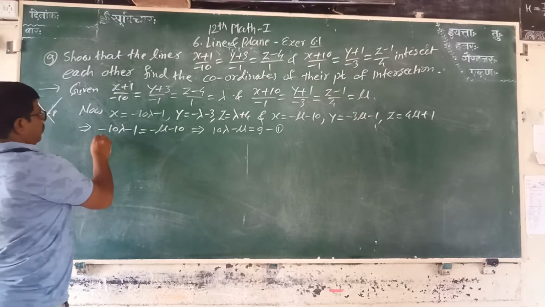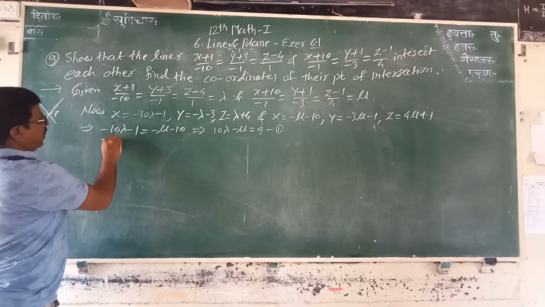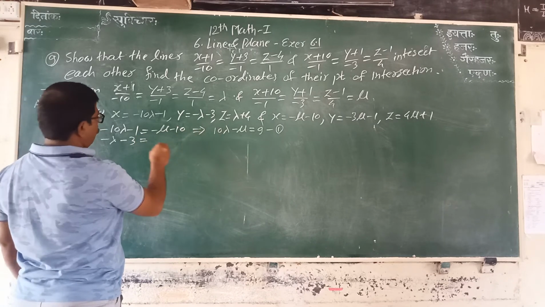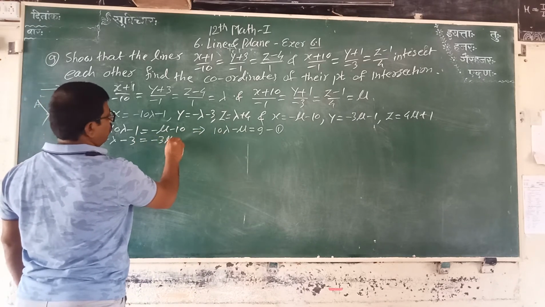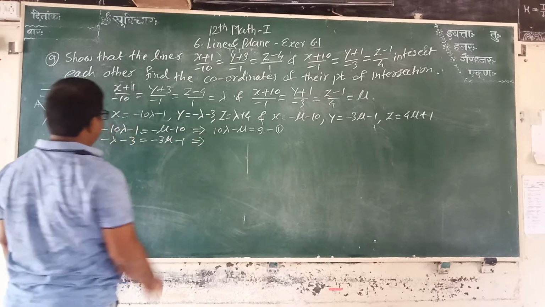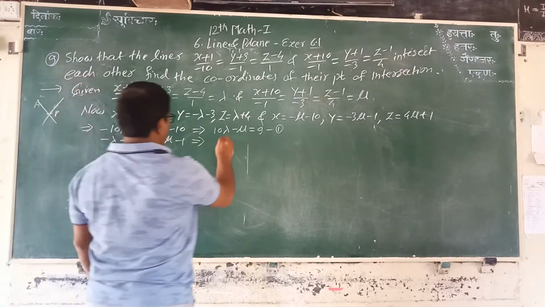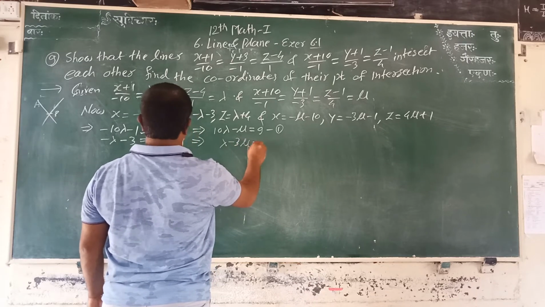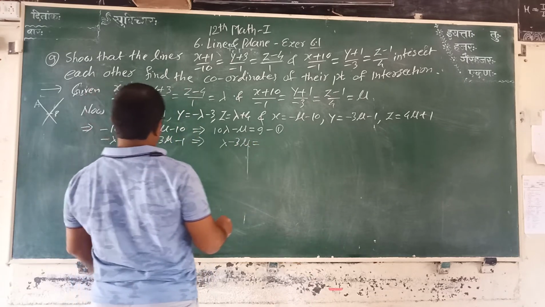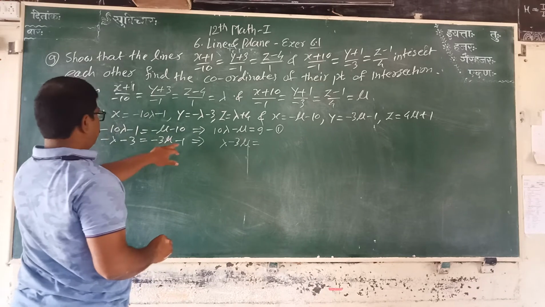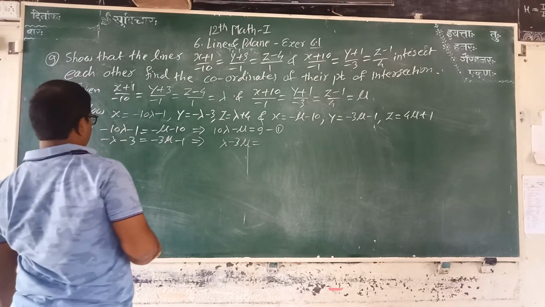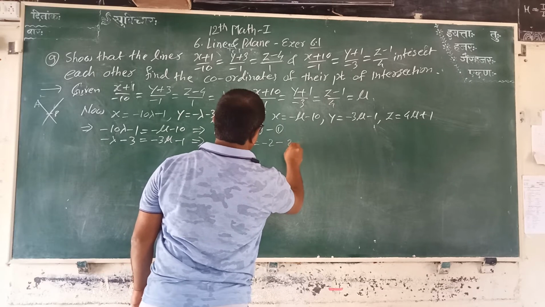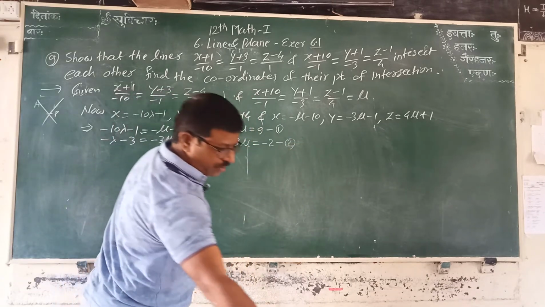And from the next line, minus lambda minus 3 is equal to minus 3 mu minus 1, which implies lambda minus 3 mu is equal to minus 1 on the other side, therefore we get minus 2. This is equation number 2.